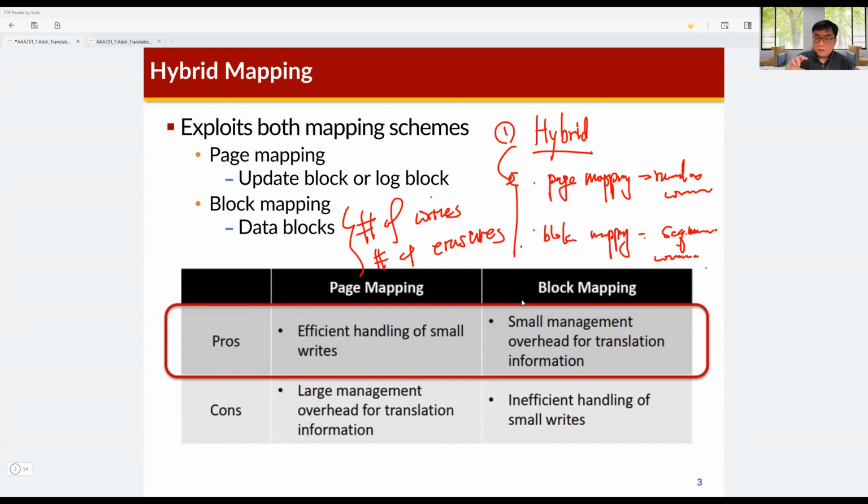So if the size of the address translation table is very large, then the SSD requires a very large DRAM, and that will increase the cost of the SSD. So that's why the SSD has lots of research topics.